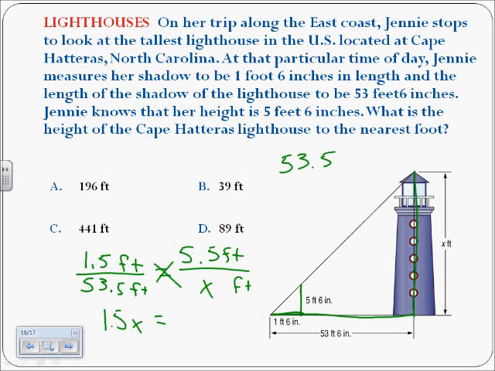So I have 53.5 times 5.5. I do not have a calculator, so I'll have to do this by longhand. I have 25, carry the 2, 15, 17, 25, 26, 0, and then repeat.